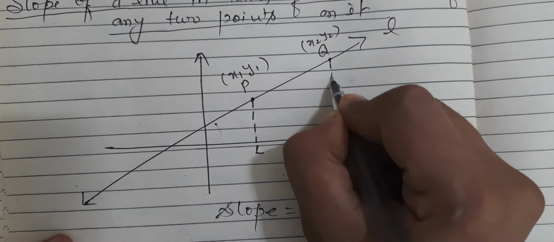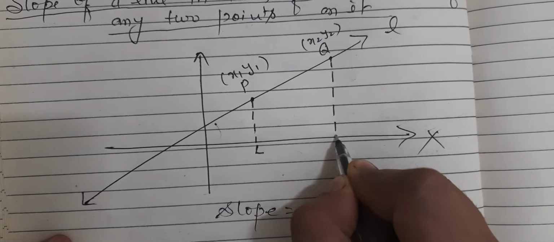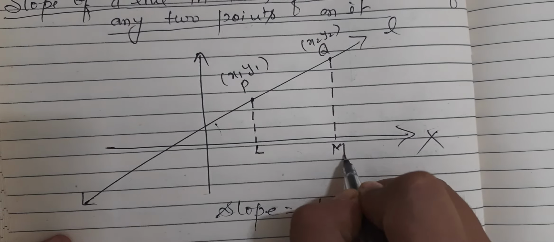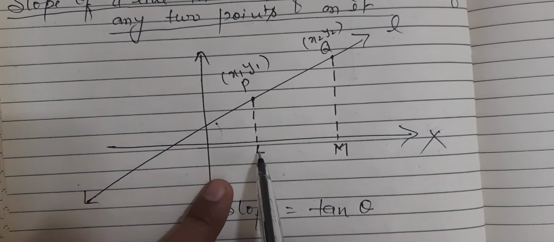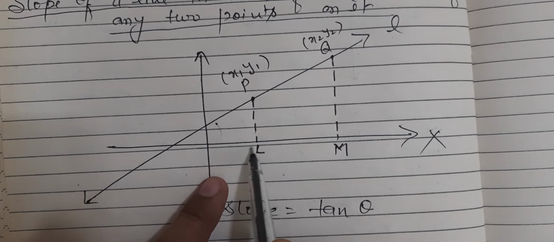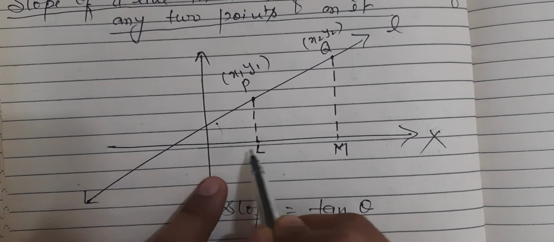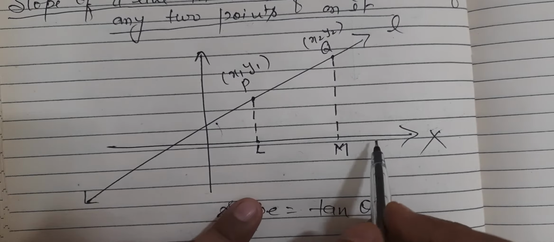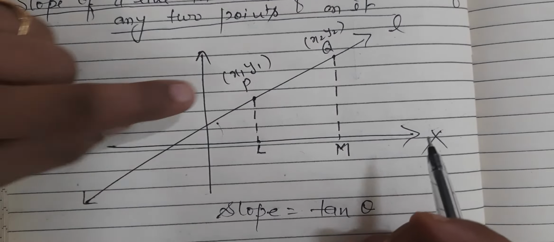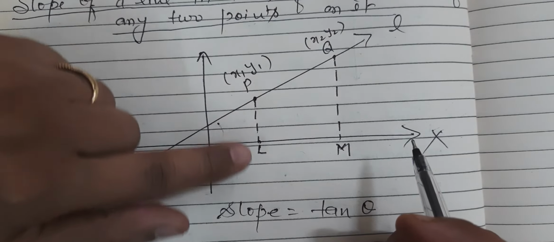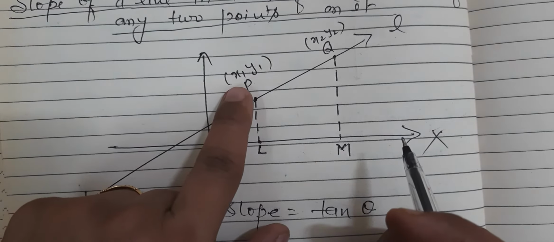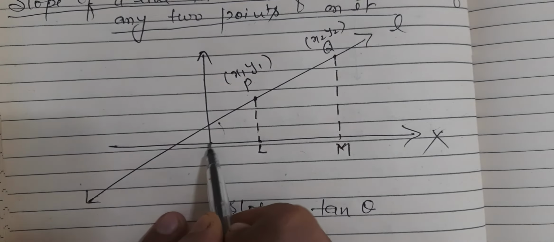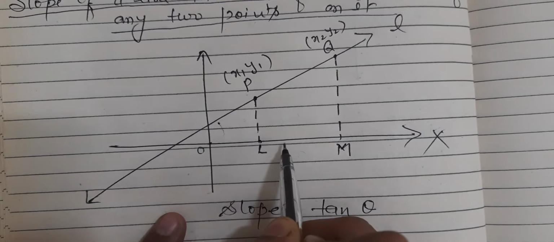And here also, when we draw a perpendicular, let the point be M. So this L, can you tell me the coordinates of point L? The point is on the x-axis, so of course the y coordinate will be 0. And since we have drawn a perpendicular from the point P, this x1 is the distance from the origin along the x-axis.